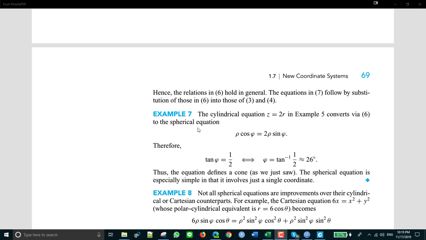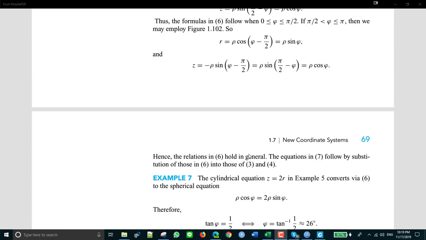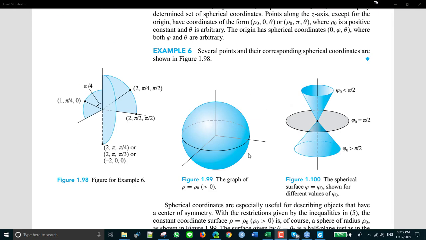By the way, this is called the spherical coordinate system. We had the polar, we had the cylindrical, and now we have the spherical. So it converts to this. This also defines a cone. I guess that was the one we didn't bother doing, but this one here.